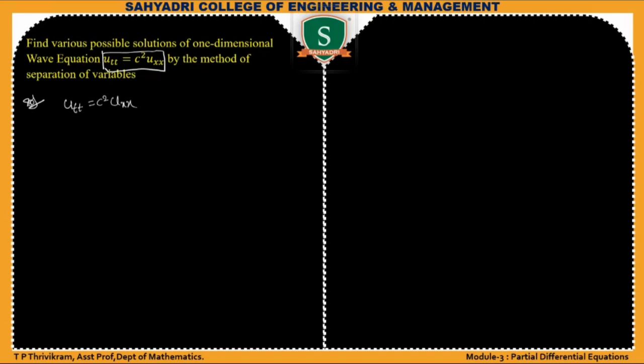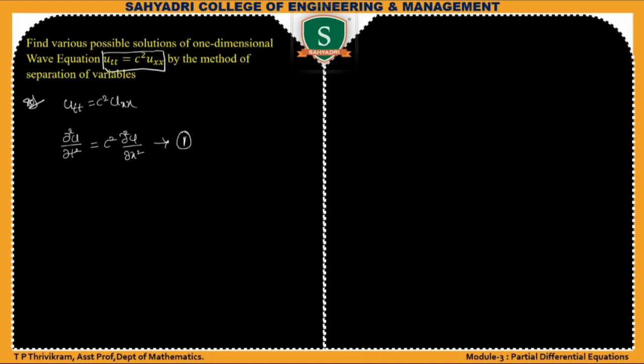So what do you mean by utt? This is nothing but the second derivative of u with respect to t. So del square u by del t square is equal to c square del square u by del x square. So we need to find the solution, and take this as equation 1.